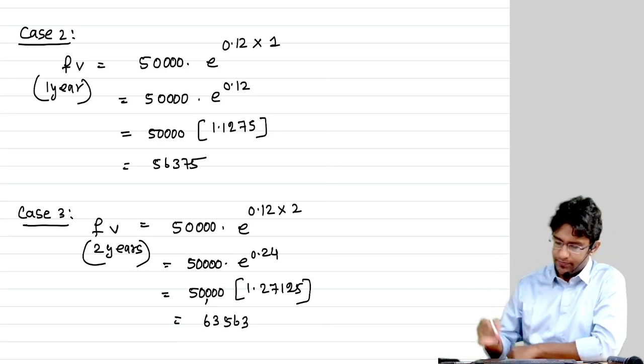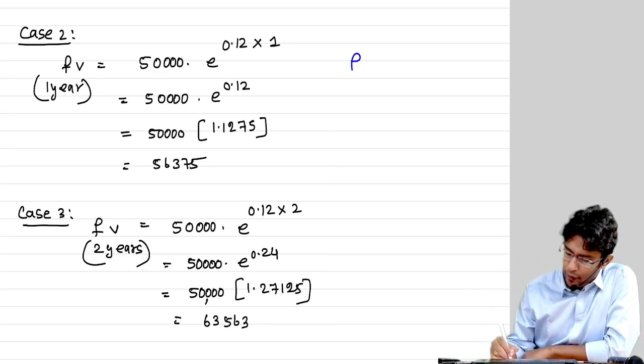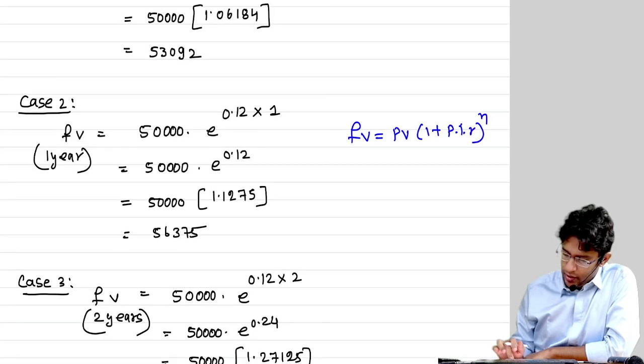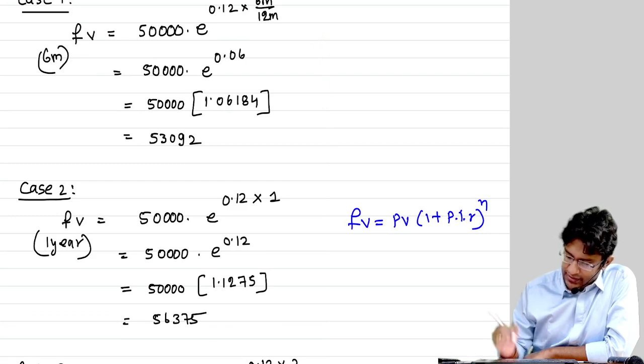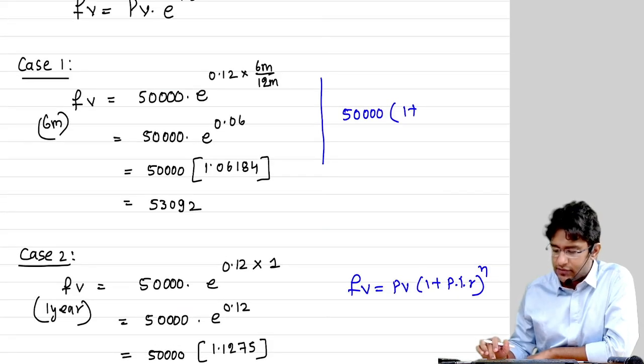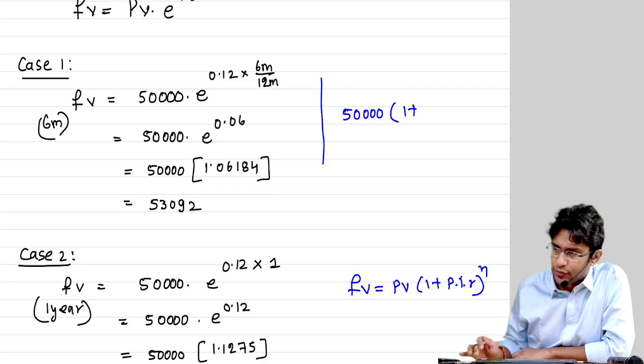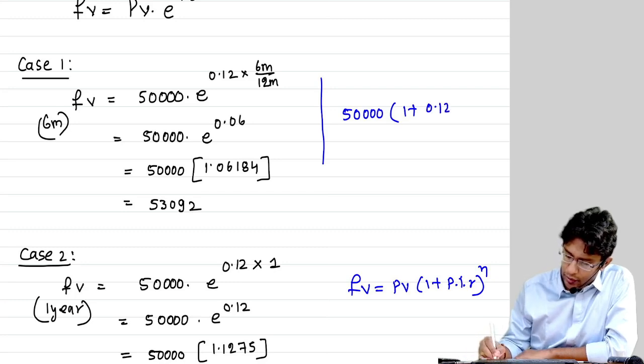Now tell me this. When you apply normal formula, which is future value is equal to present value into 1 plus PIR whole power n. Now, if you take first scenario, 50,000 into 1 plus. Since this fellow is investing only for 6 months, I have to take interest rate also for 6 months only. That will be 0.12 into 6 by 12.